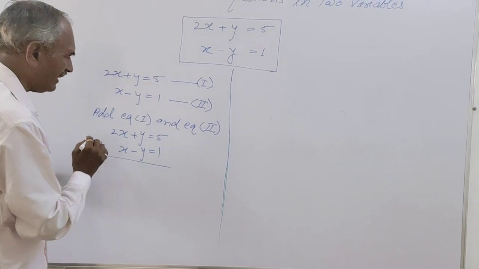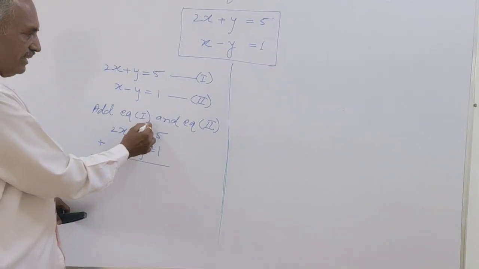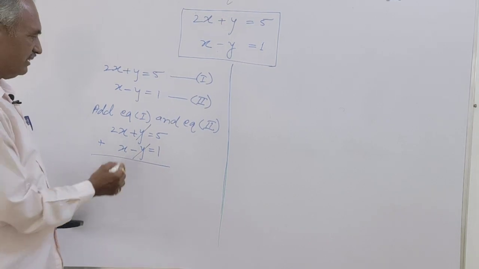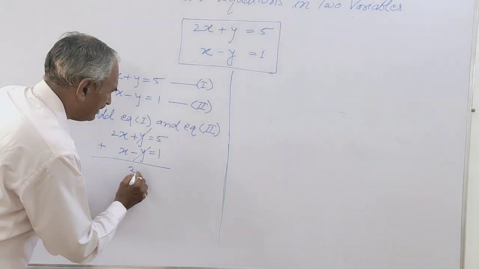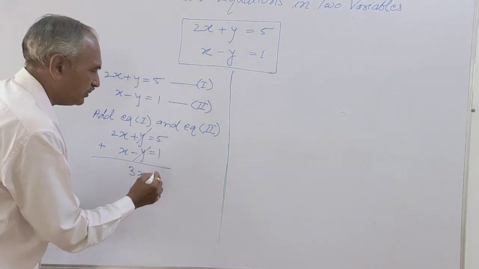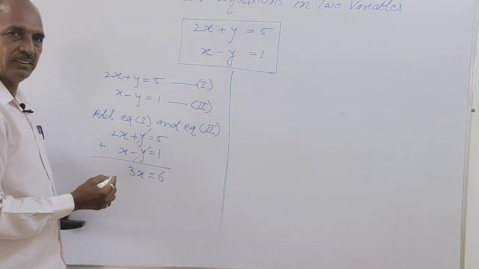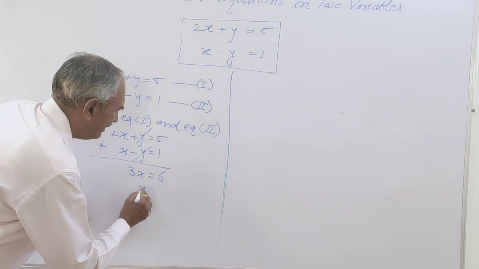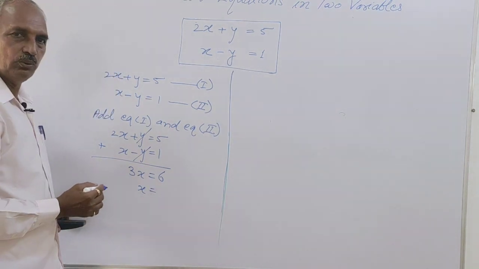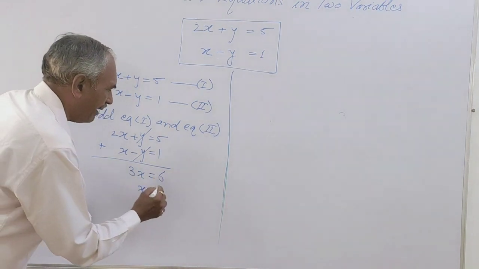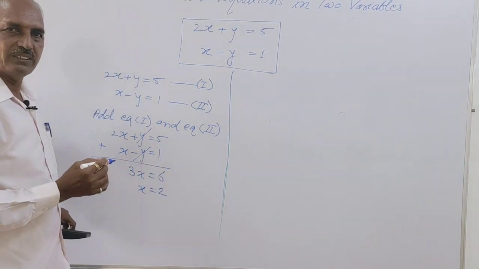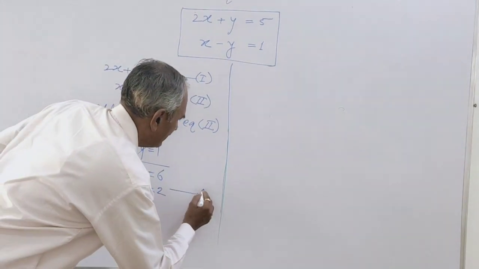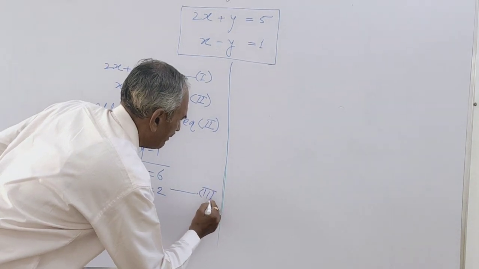When I add these two equations, this y gets cancelled and remains 2x plus x is 3x, 5 plus 1 is equal to 6, and I get x is equal to 6 divided by 3 is 2. So the value of x is equal to 2. This I will call equation number 3.